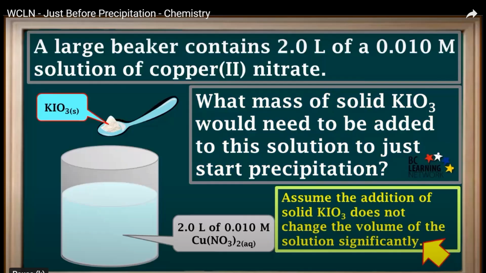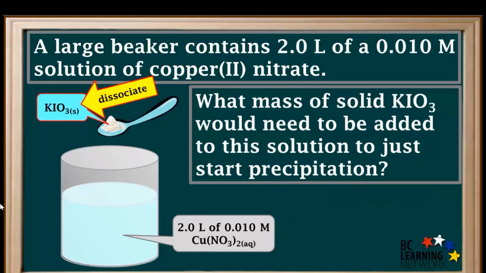We assume that the addition of a small amount of solid KIO3 will not affect the total volume of the solution in any significant way. We always make that assumption that when we're adding a solid, it does not affect the volume, at least not significantly. We'll dissociate KIO3 into its ions, which are K+ and IO3-.